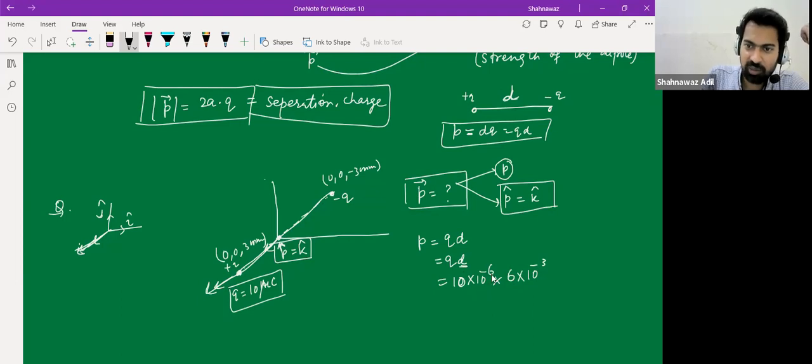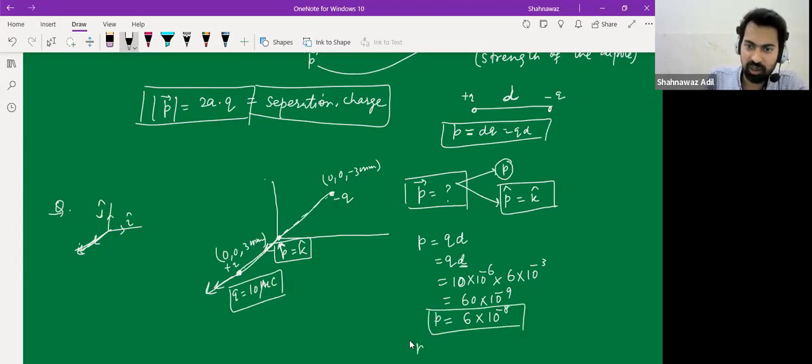So 10 into 10 to the power minus 6 into 6 into 10 to the power minus 3 gives 10 to the power minus 8 after adjusting the extra factor of ten.